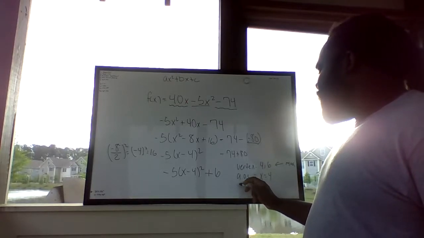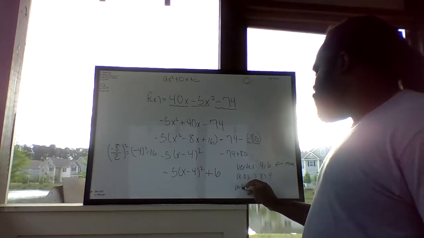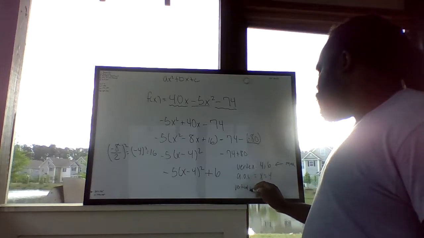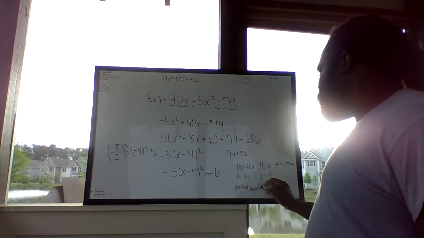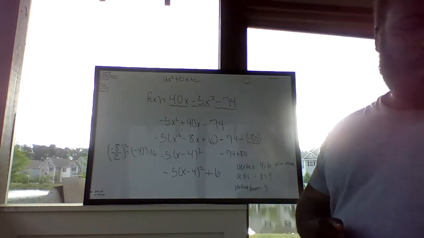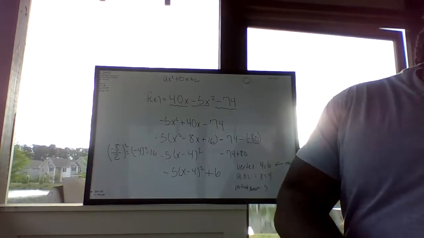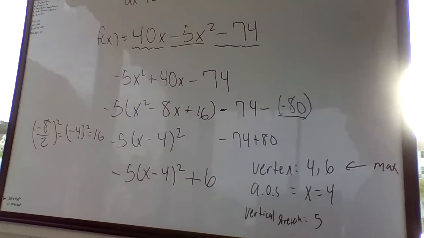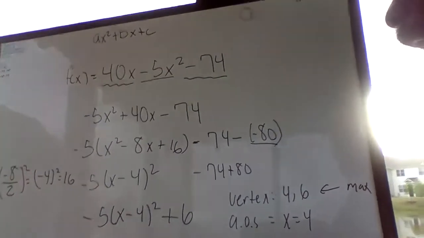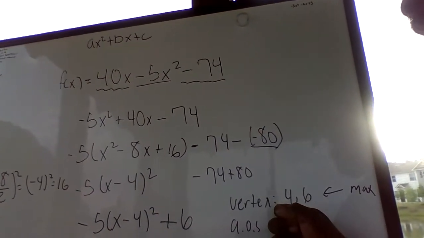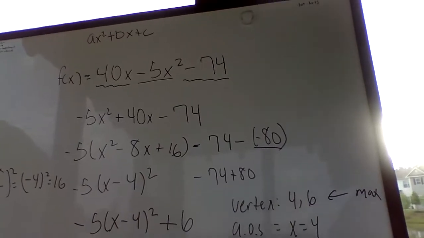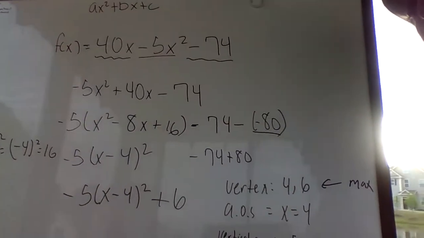And we know we have a vertical stretch by a factor of 5. All right, those are all the characteristics that we know. We also know from our parent function it goes to the right 4 units and up 6 units.